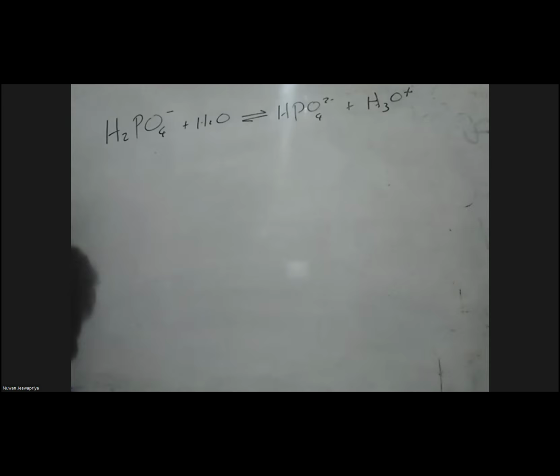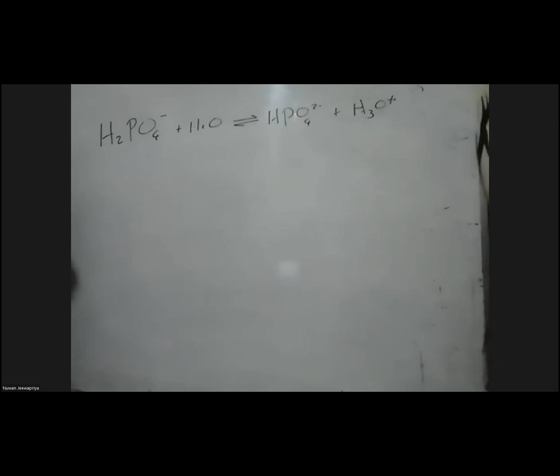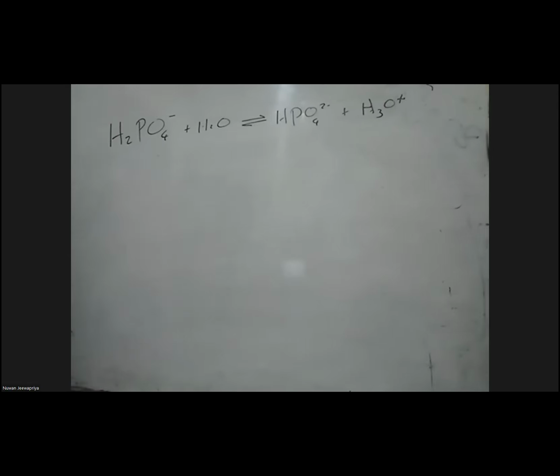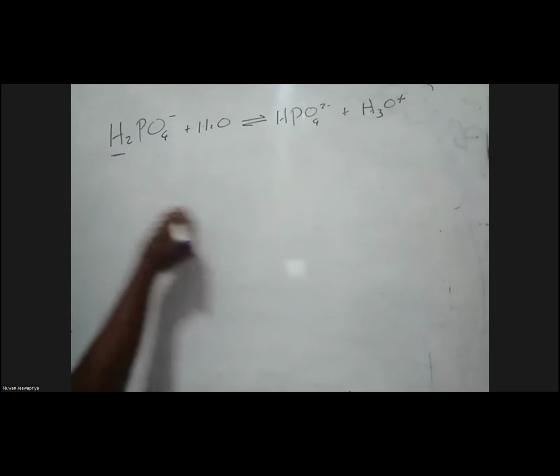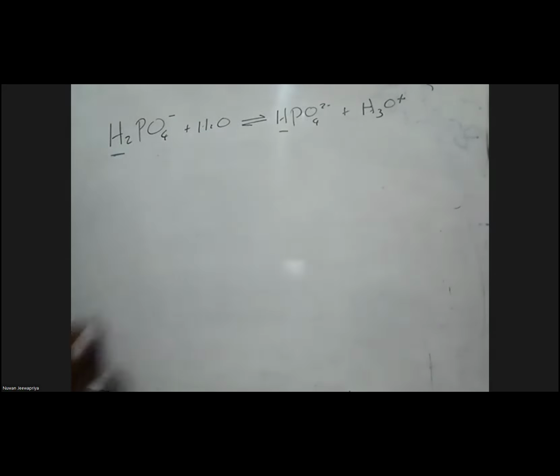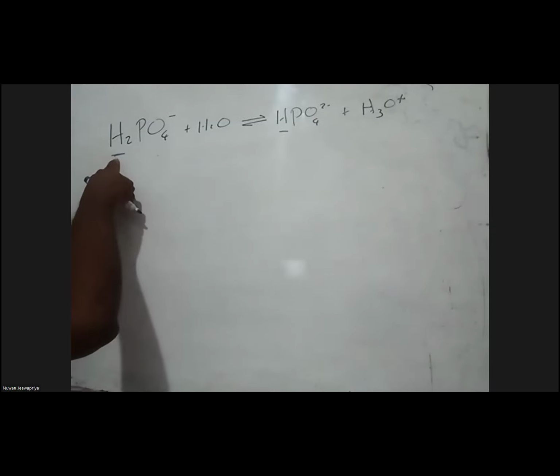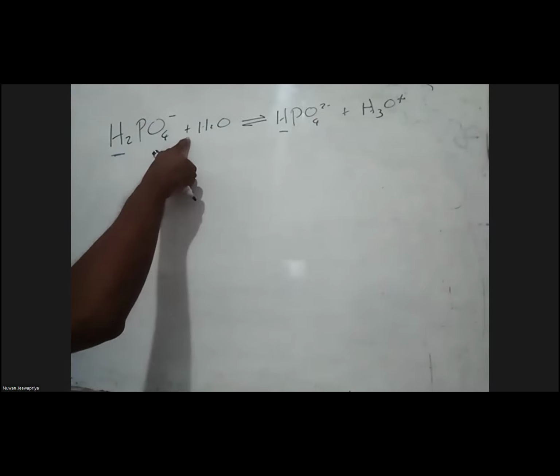So in this system, there are two acid-base conjugate pairs. Now we'll see which is the conjugate acid and which is the conjugate base in each pair. In H2PO4 minus you see two hydrogens, and here only one hydrogen. That means it donated H plus to this water.